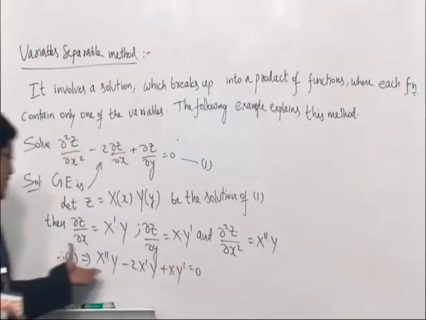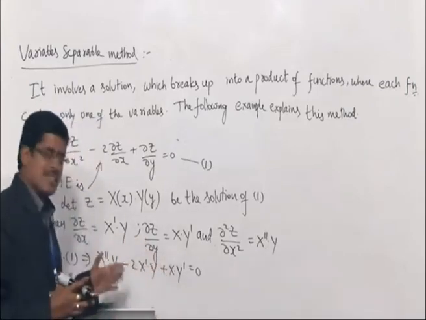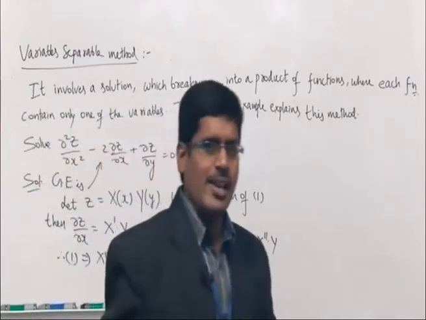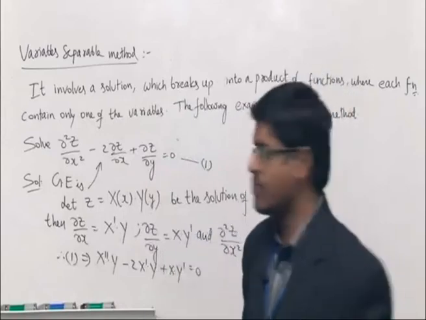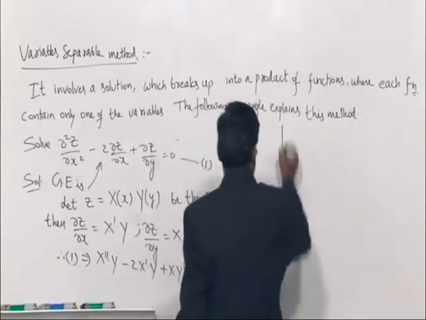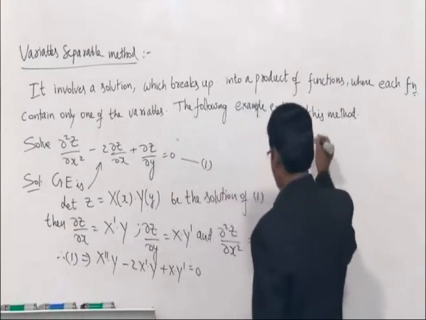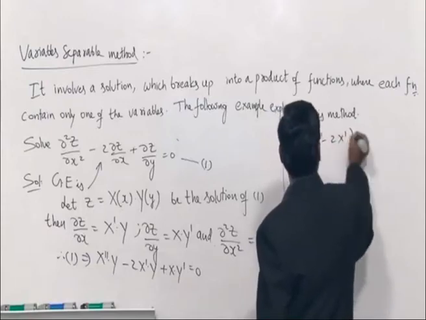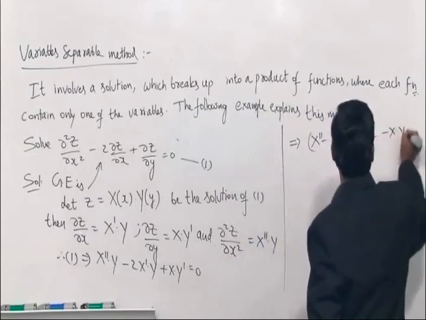Now express this equation in two simultaneous equation form, that means in the form LHS equal to some RHS, where the LHS contains the x terms differential equation and the RHS contains the y terms differential equation. So this can be written as X double dash minus 2X dash into Y is equal to minus X times Y dash.